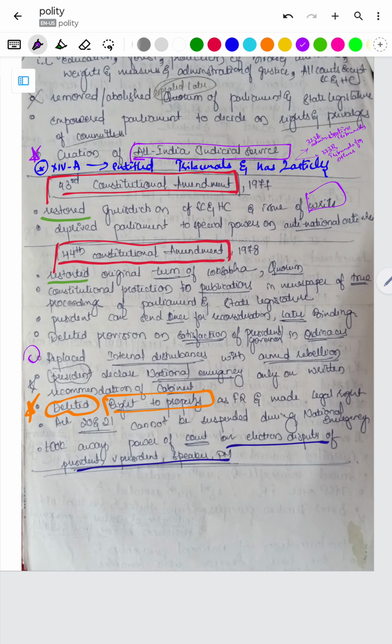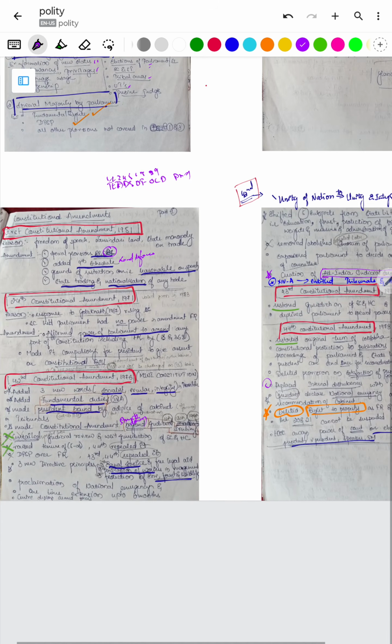See here, one blunder they had made. When was the national emergency during Indira Gandhi happened? The national emergency during Indira Gandhi's time as Prime Minister began on June 25, 1975 and ended on March 21, 1977, lasting for 21 months.